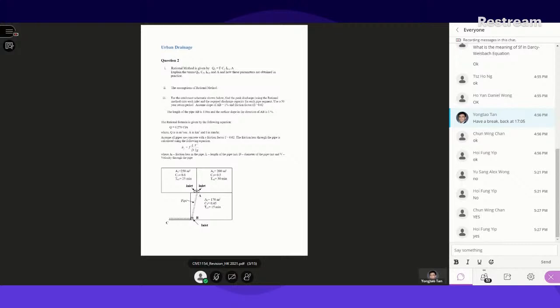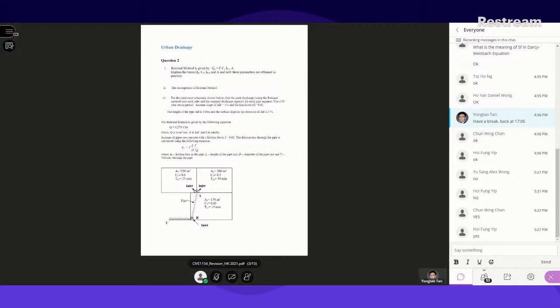For this question, there are 3 subcatchments: A1, A2, and A3, with the areas and the runoff coefficient C given, and the concentration time is also given. So you don't need to calculate the concentration time.